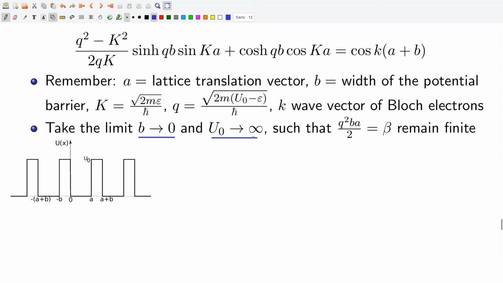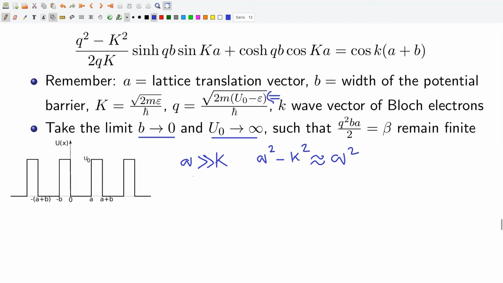In the limit u naught going to infinity, we see from this equation that q becomes much larger than capital K, such that we can write q square minus K square is almost equal to q square.